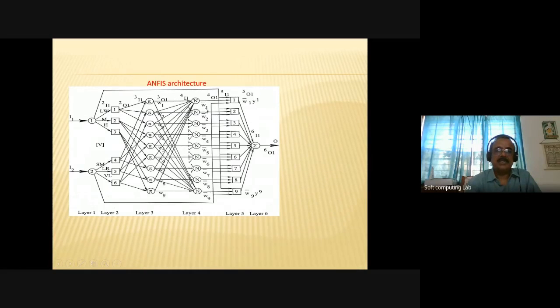So we consider the normalized firing strength and the output for a set of inputs, and then we multiply here in this layer, that is layer 5, and those things are summed up in layer 6 to get the output. So for a set of inputs, you can find out the output. Now this output will be compared to the target output, error will be determined, and based on this particular error, you are going to modify this particular network. And once it is trained, then it is able to make the input-output relationship very accurately.